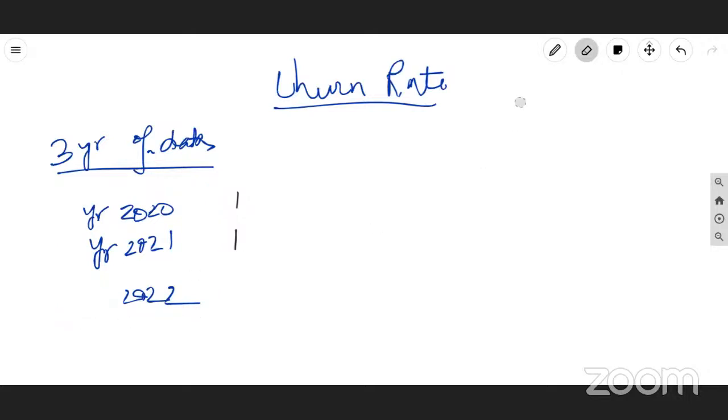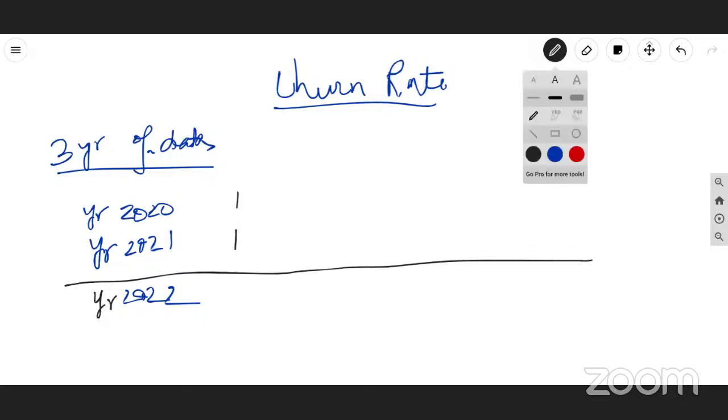So I'm excluding 2023 and I'm going to predict for 2022. So for 2020 and 2021, a customer has visited at least once in 2020, at least once in 2021. Okay, more likely to visit. I will mark it as active, not dormant. I will mark it with blue color. It is an active customer.